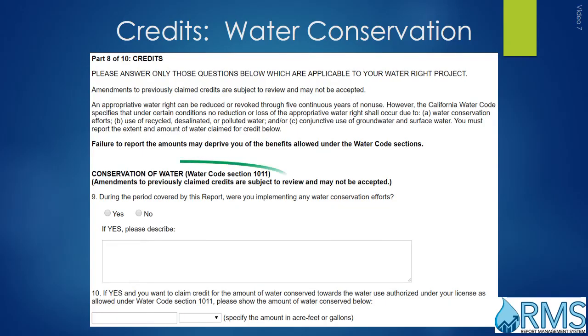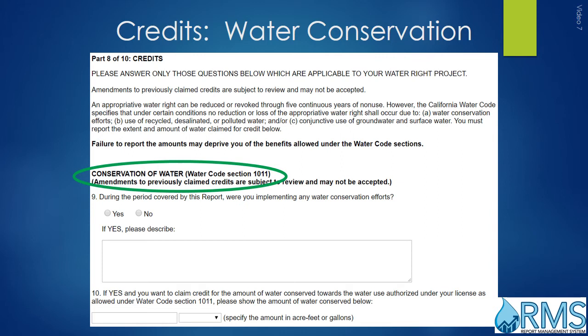The first credit section asks if any water conservation measures were used. Examples of water conservation efforts include limiting residential water use through low-flow faucets, toilets, and shower heads, reduction or elimination of commercial landscape irrigation, and conserving agricultural water use, such as through crop rotation to low water demand crop.